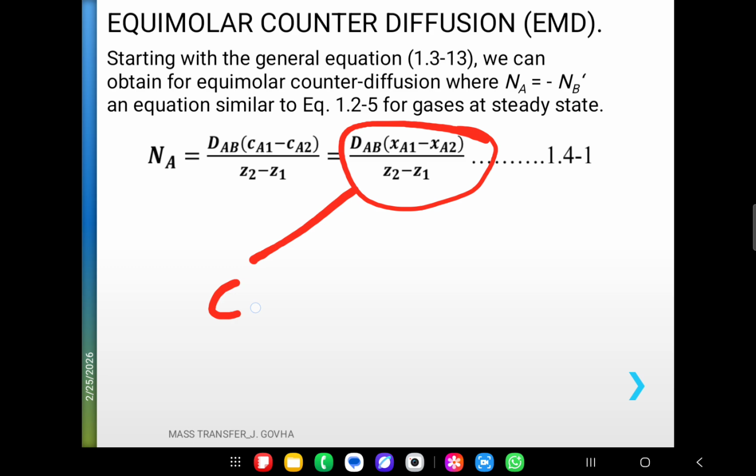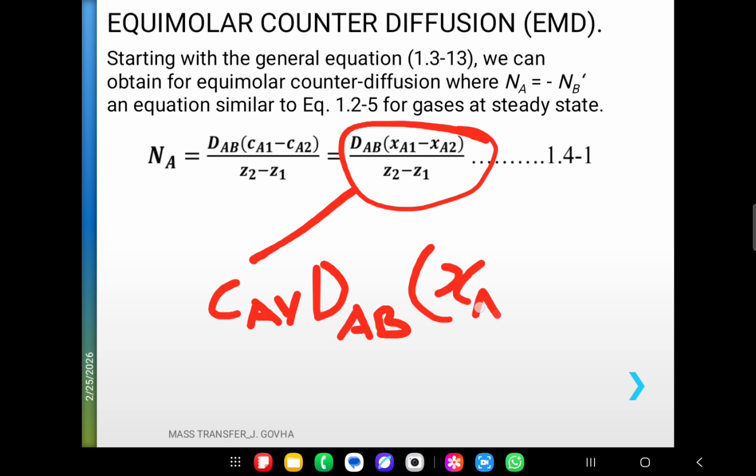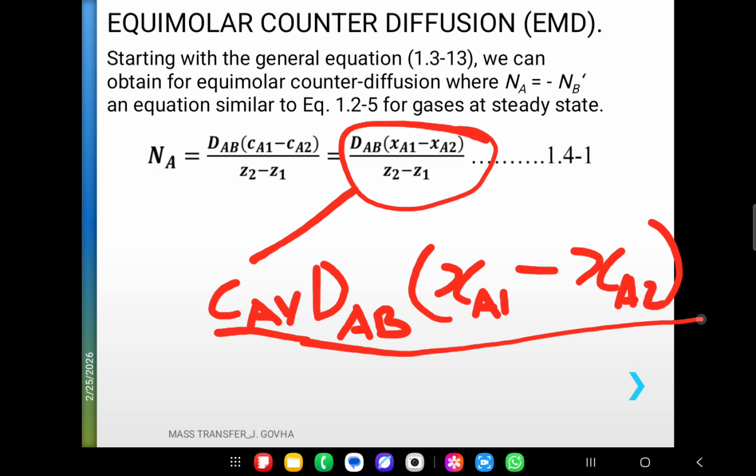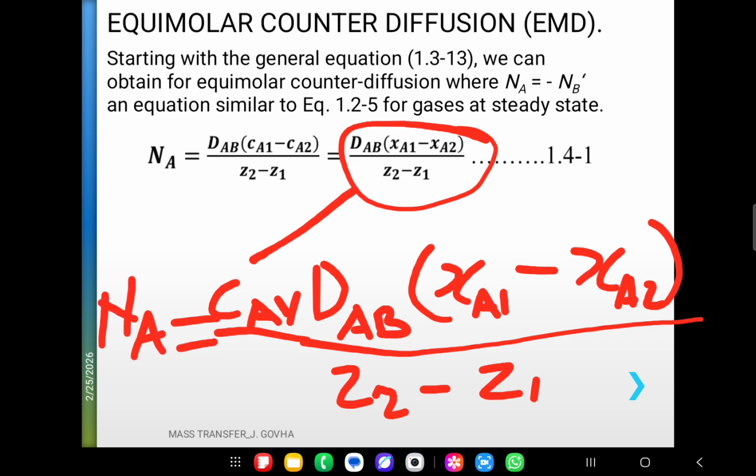It's CA average DAB, brackets XA1 minus XA2, over Z2 minus Z1. So there we left CA average there.